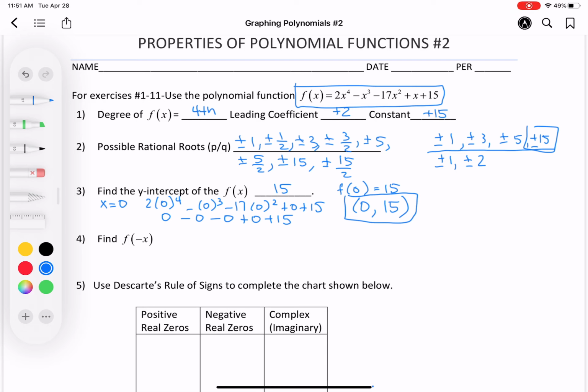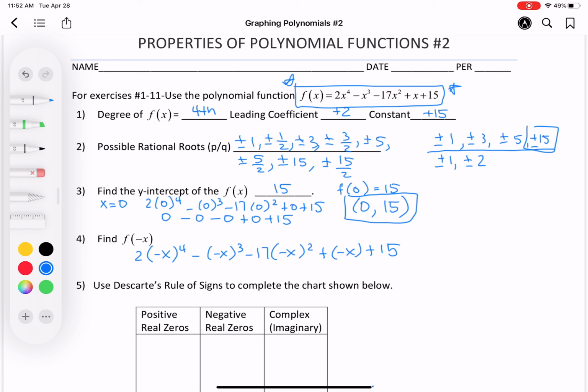I can do it as an ordered pair. All right, next we are going to find f of negative x. Now we're going to use the original function up here. All right, and wherever we see an x, we're going to substitute negative x. Negative x to the 3rd minus 17 times negative x squared plus a negative x plus a 15. Okay.